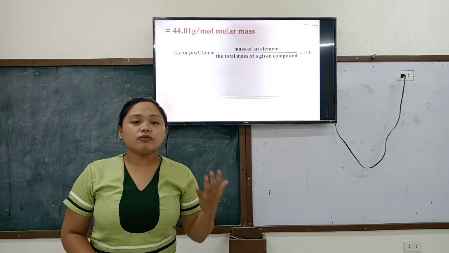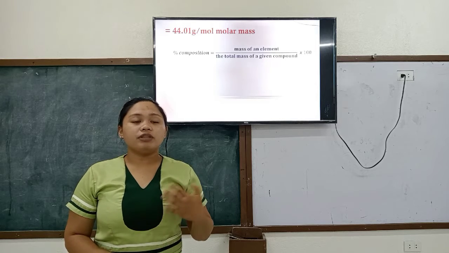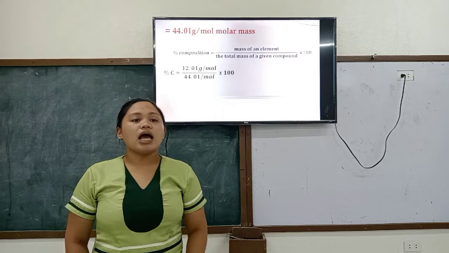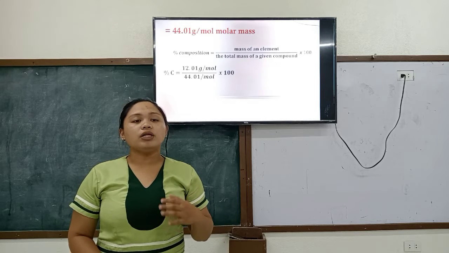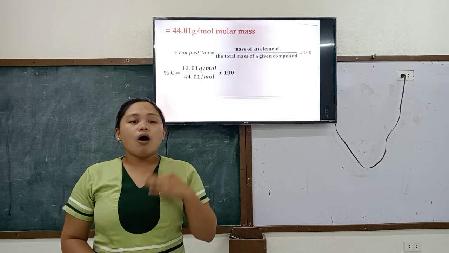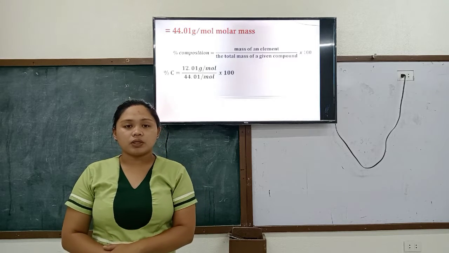So, let us substitute first the given problem of the carbon. Okay, so let's now substitute, class. So, percent of carbon equals 12.01 grams over mole over 44.01 grams over mole times 100%.